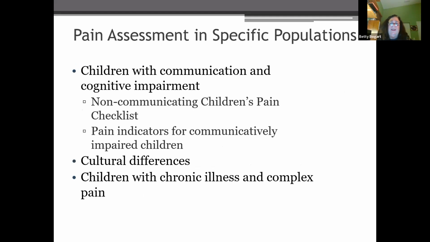Now, one of the things is, look at this, cultural differences. What does that mean? Well, I've had many times, and it's more than once or twice, parents come in with a child with a broken arm or leg. And I say, I'm going to give your child 1 shot of morphine because they're going to put a cast on and it's going to hurt to manipulate that arm, that leg. And the parents go, no. He doesn't need it.